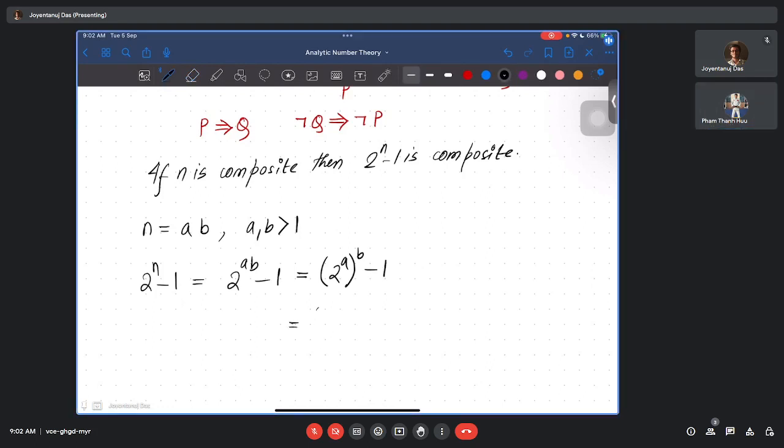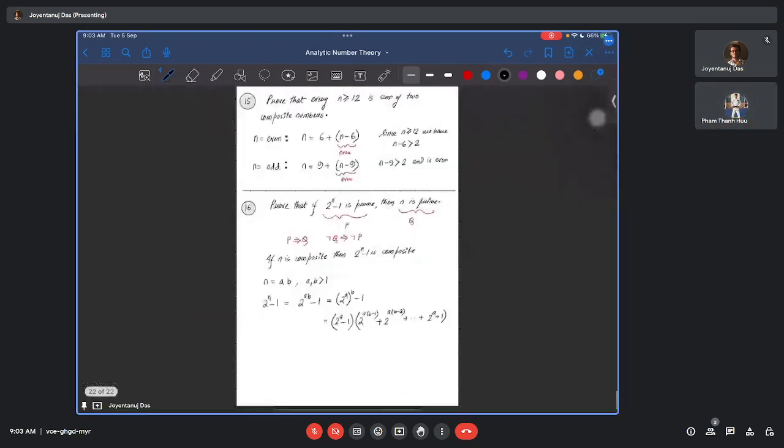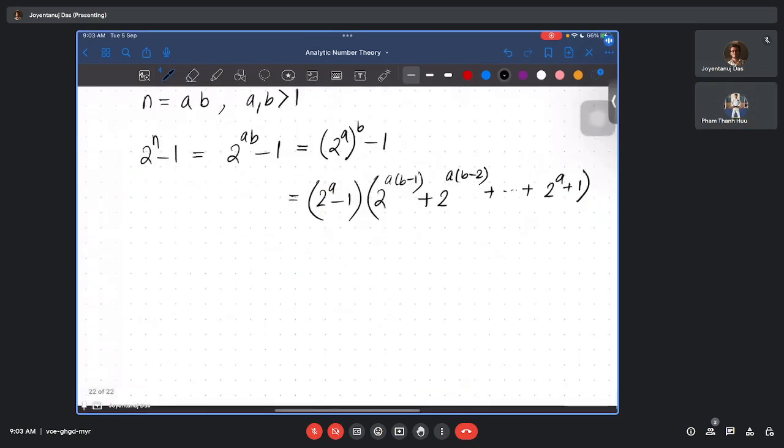This I can write as 2 power a minus 1 times 2 power a(b minus 1) plus 2 power a(b minus 2) and so on, up to 2 power a plus 1. This is the factorization, and you can check it easily.